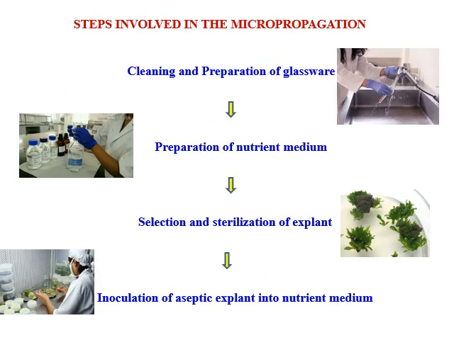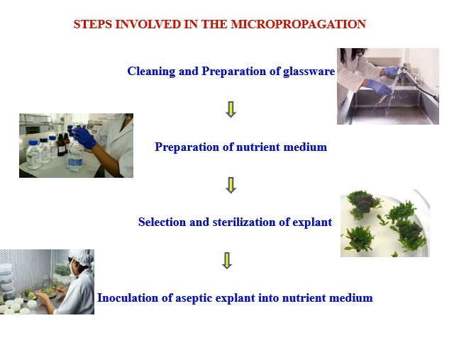After coming to this knowledge, we have framed a certain defined protocol, procedure, or steps involved in the micropropagation technique. First, we have to clean and prepare the glassware for plant tissue culture.